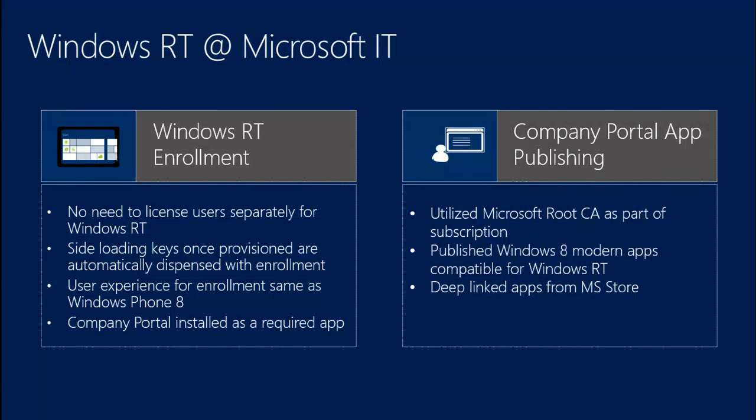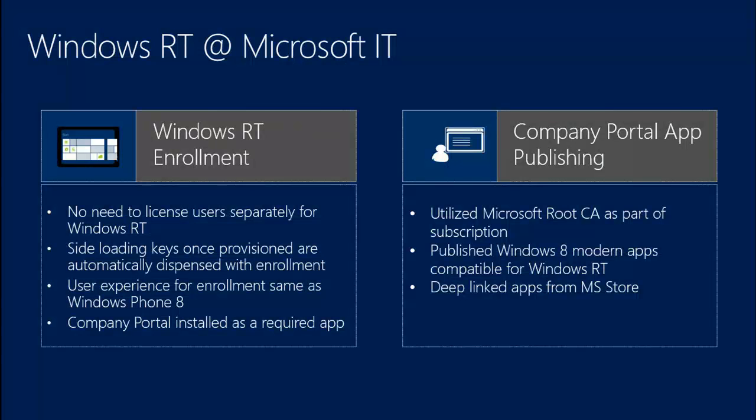What we used for publishing our apps was the internal corporate root. That's the nice thing that's a little bit different about RT than Phone 8: you don't have to have a VeriSign certificate for your apps. So for your Windows 8 modern apps, you can use the internal CA that you already have.